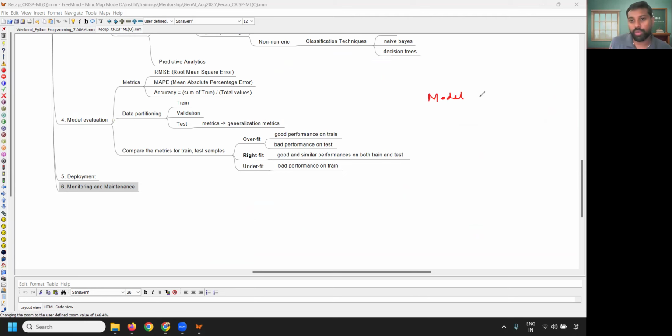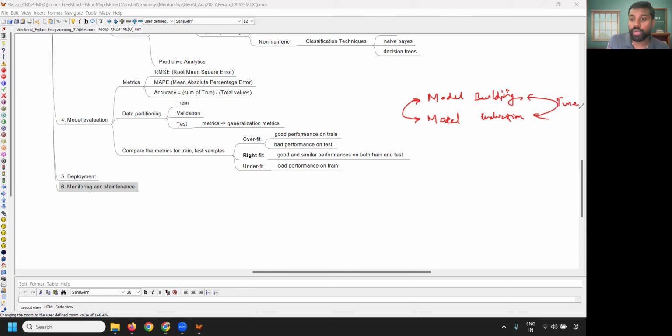So we are talking about model building, model evaluation. But in these two, we will have a cyclic approach. We build the model, we evaluate. But does it reach the required standards? Maybe not. So what do we do?